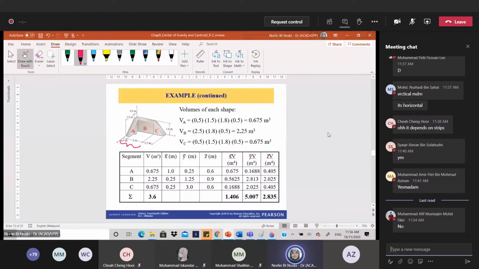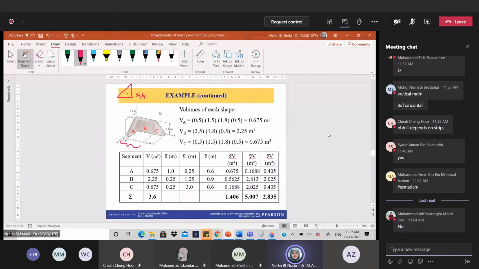So for x tilde, the centroid is half over 3 of the height. If you remember, if you want to find this triangle, centroid is 1 over 3 height.